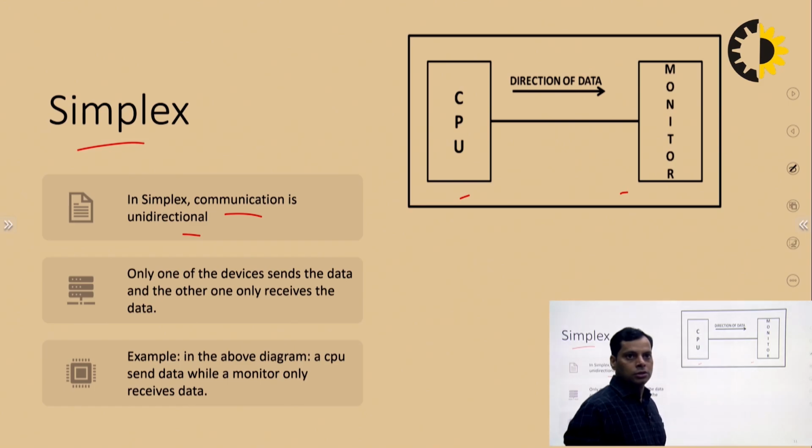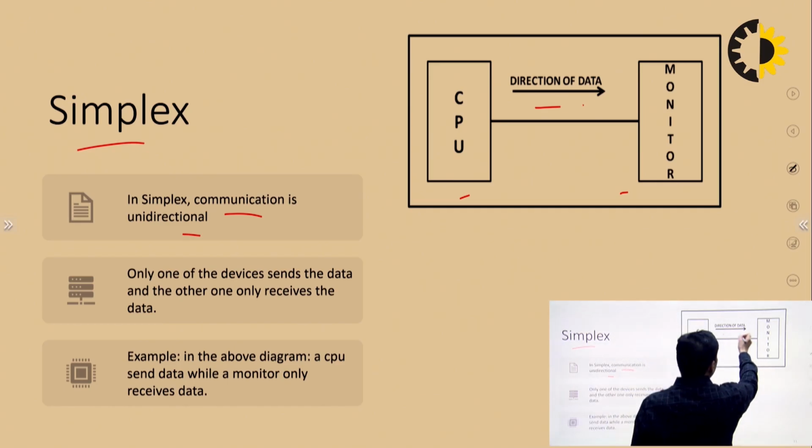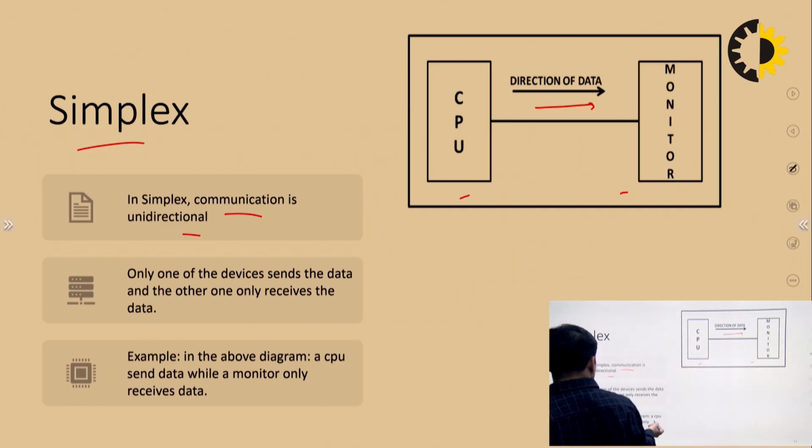This is one way. Nothing can come from the monitor to the CPU. So this is a unidirectional flow. In our diagram, the CPU sends data while the monitor only receives it. It is simplex, like one-way traffic. The return way is not possible, only one way.